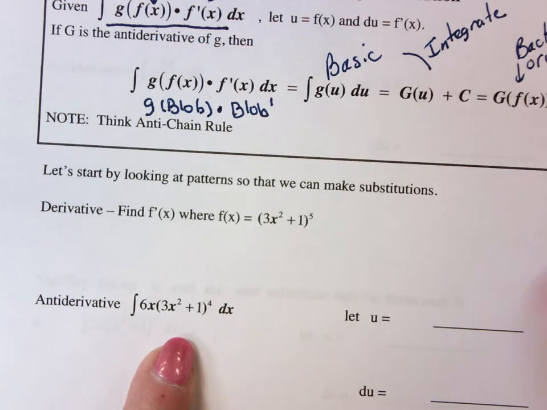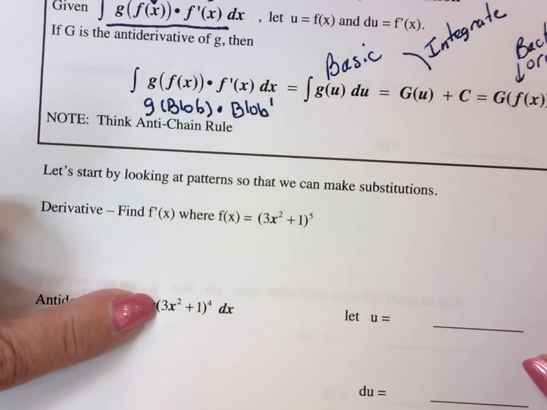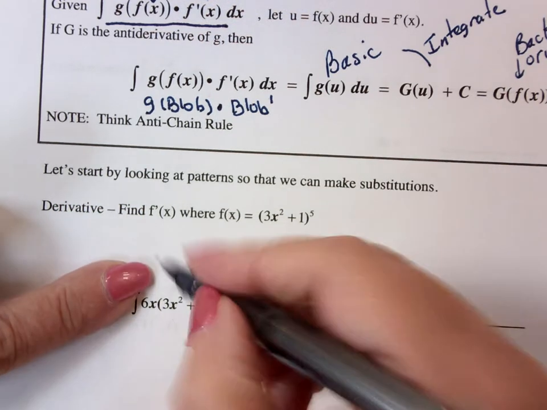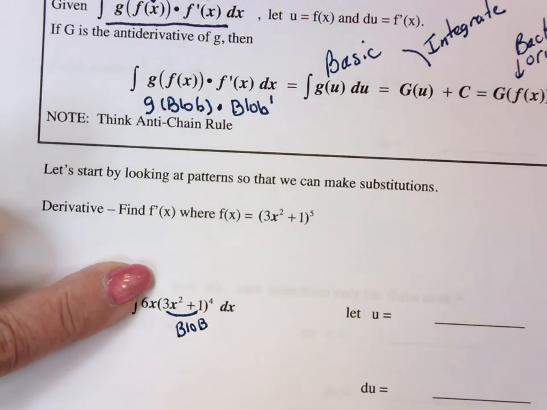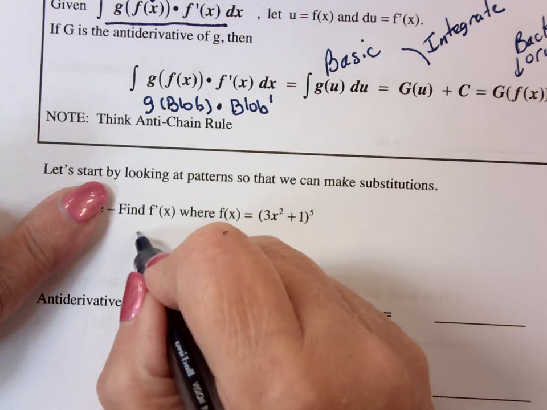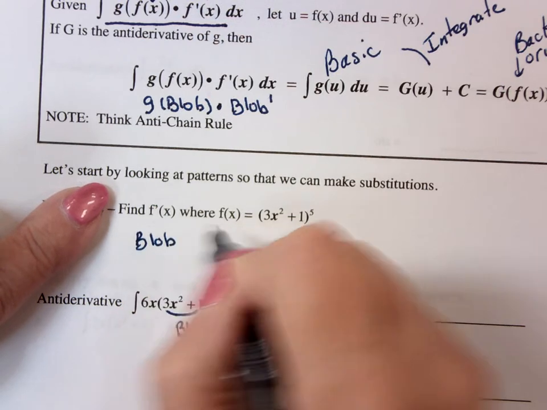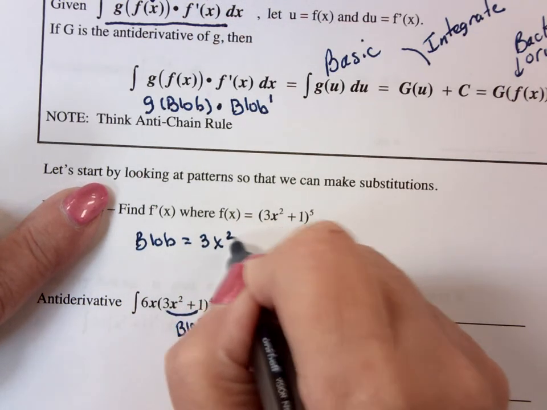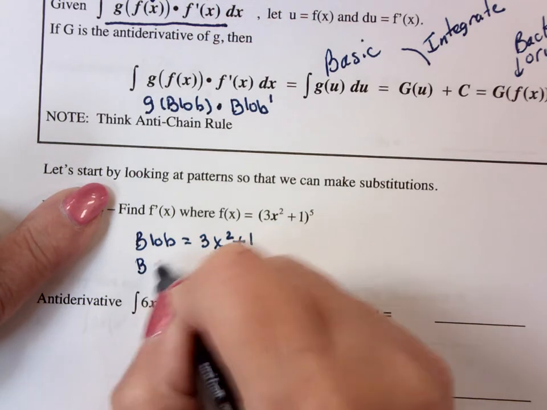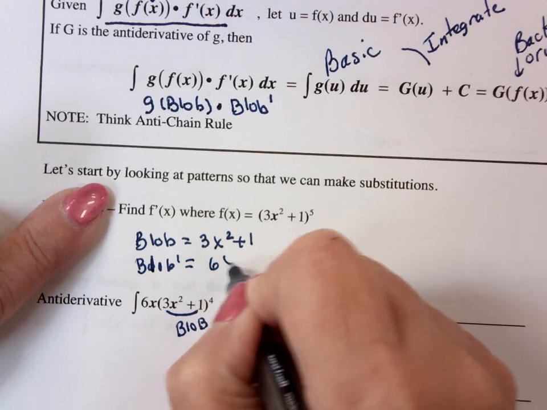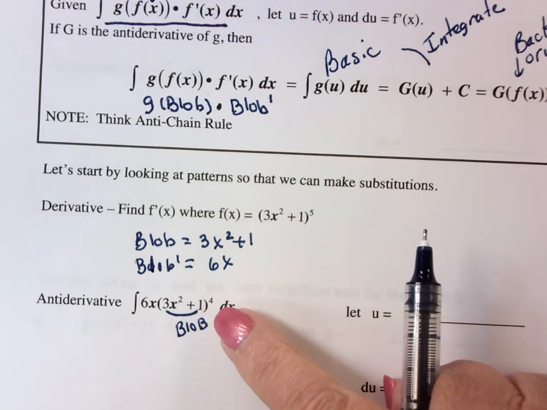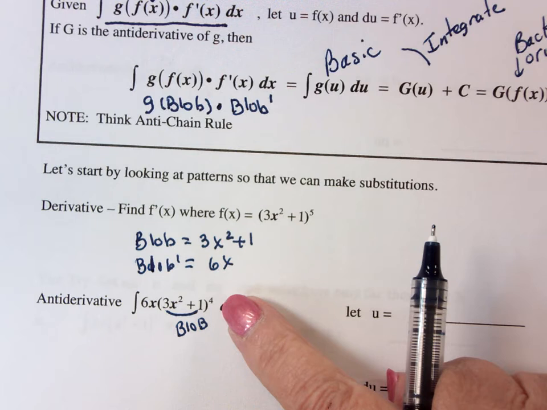Well, I noticed something. I have 3x squared plus 1 to the 4th power. I have a blob. Now, if the blob is 3x squared plus 1, what's blob prime? Do I see a 6x in my integrand? Yeah.